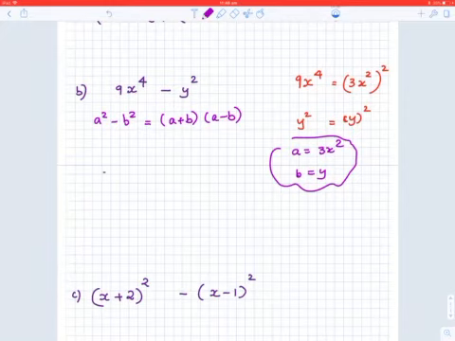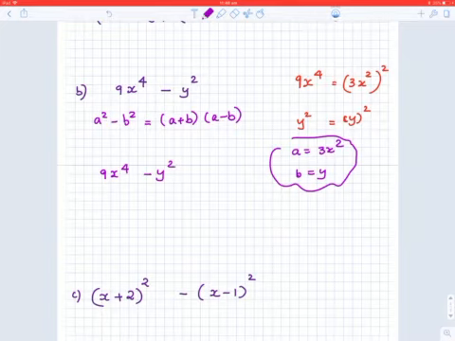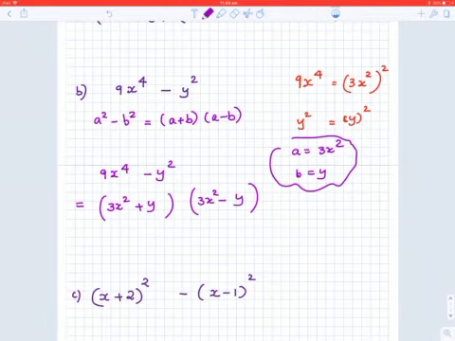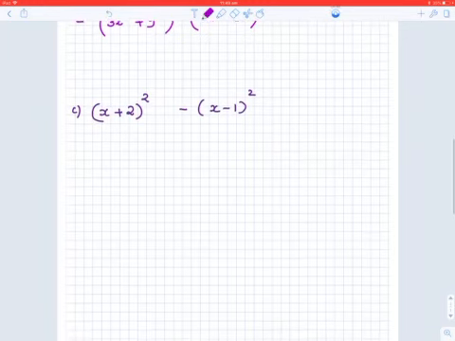So 9x to the power 4 minus y squared equals a plus b, a minus b. That is 3x squared plus y and 3x squared minus y. Okay, that's done. Now let us do one more question.